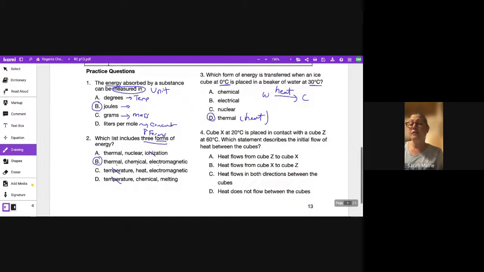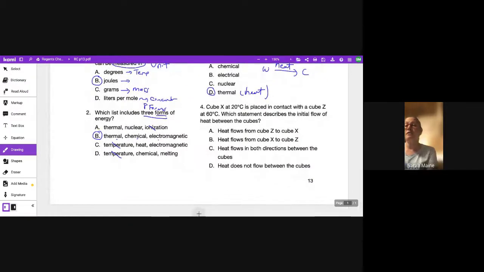Looking at the final question in this set, question 4. Cube X at 20 degrees Celsius is placed in contact with cube Z. So I have cube X, and it is going to be touching and in contact with cube Z. Sometimes I need to draw pictures to help me understand better what the question is asking me.